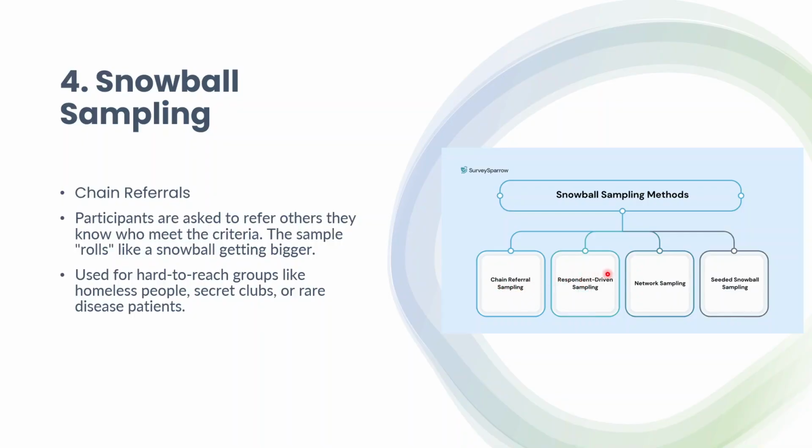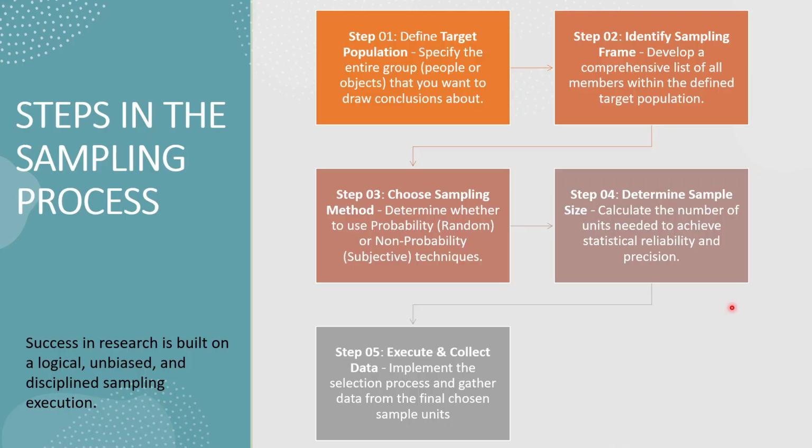The other is respondent driven sampling. Then we have network sampling, and seeded snowball sampling. Whatever the name, the common thing is that from one sample, I get the link to another sample. How exactly we get the link depends on the type of sampling we are using. Hope you people have understood.